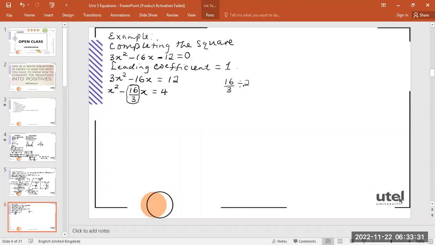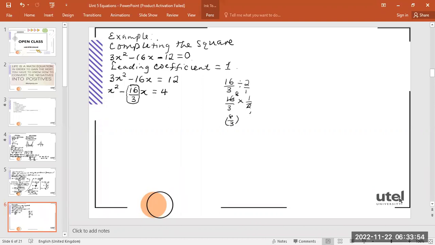So this divide by 2 is still the same thing, divide by 2 all over 1. It then means I can convert this to a multiplication to have 16 divided by 3 multiplied by 1 over 2. Of course, this 2 will cancel this 2. This 2 will go into 16, 8. It then means I'm going to have 8 over 3.